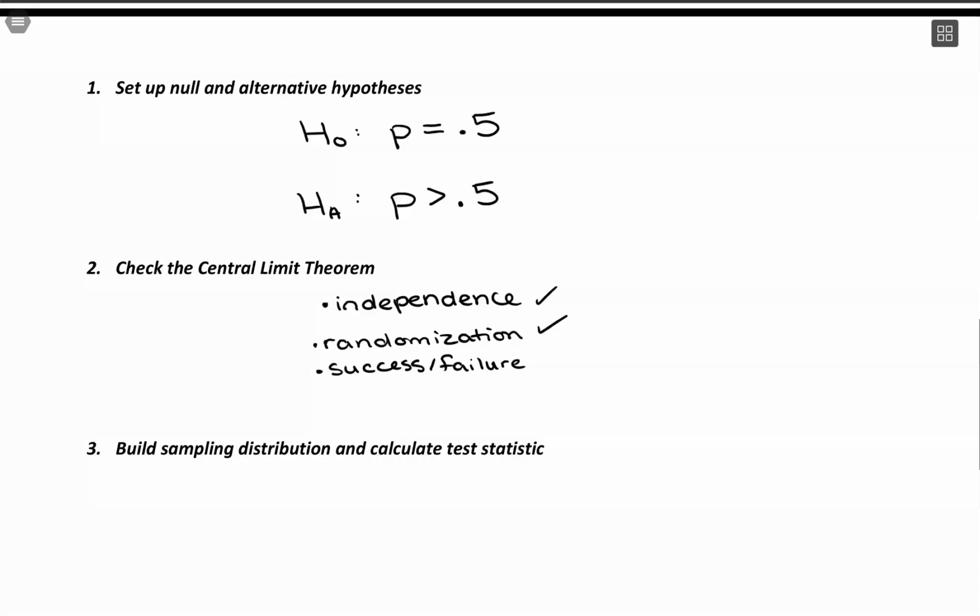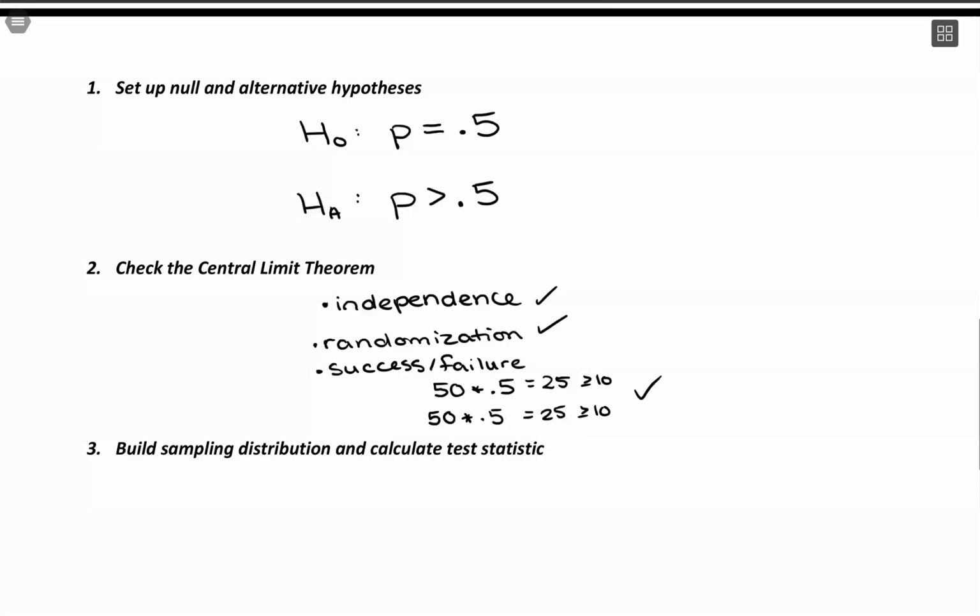The proportion that we use for checking this success failure. So I'm going to take 50 times that proportion of 0.5, and then 50 times 1 minus that proportion, which when it's 0.5, is just the same thing. Both of those are 25, which are both more than or equal to 10. So we're all good to go there.